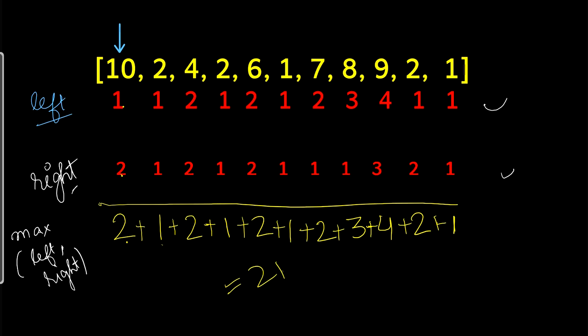So instead of comparing left and right neighbor simultaneously, we can break up the problem into the left neighbor, where we compare each child rating with its left neighbor, and then we compare each child rating with their right neighbor, and whichever is maximum, we take those candies. So this is how we will calculate the distribute candies problem.